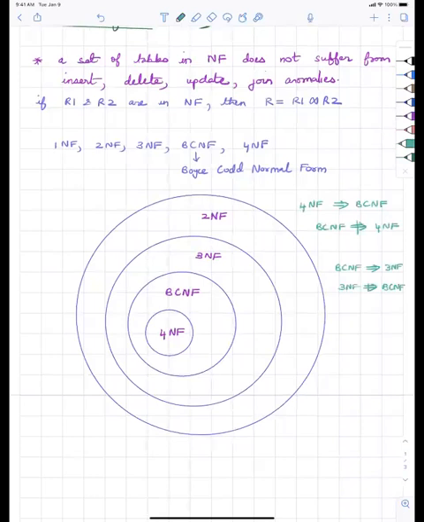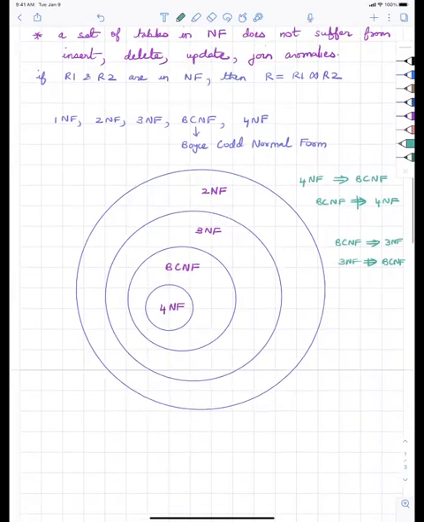I've been talking about functional dependencies in the last class. The 2nd normal form and 3rd normal form don't satisfy all functional dependencies.